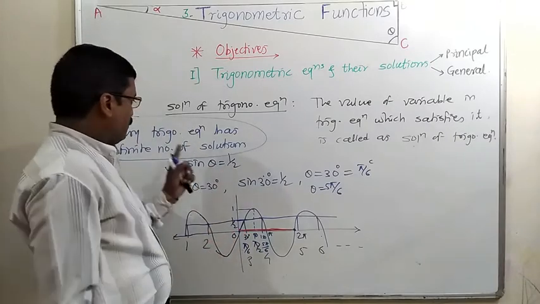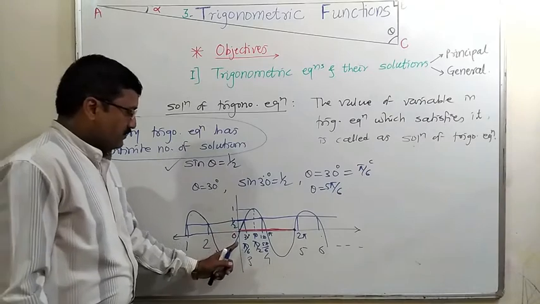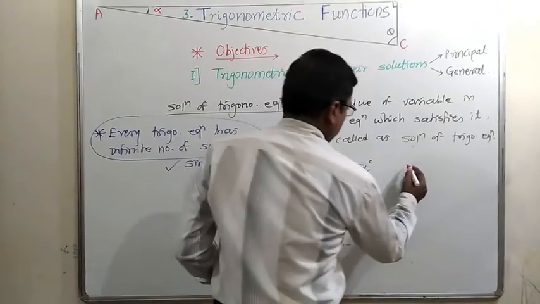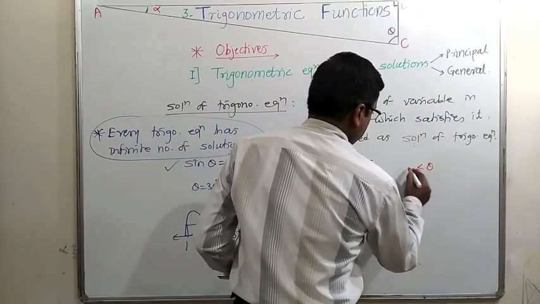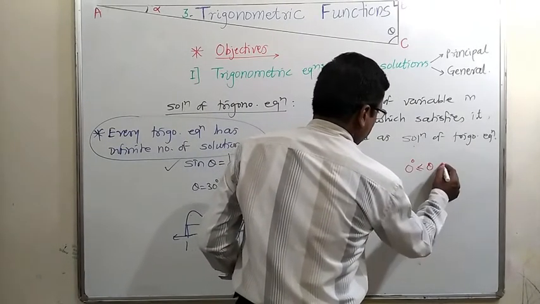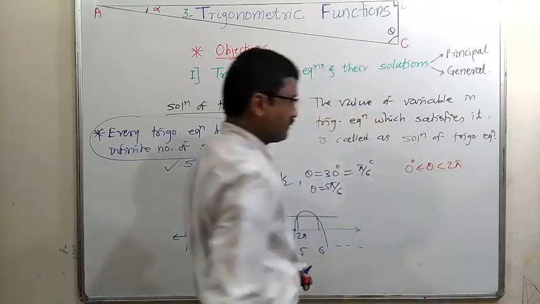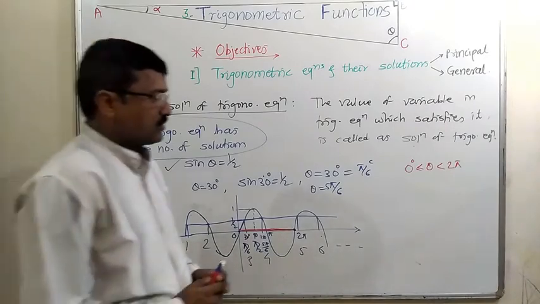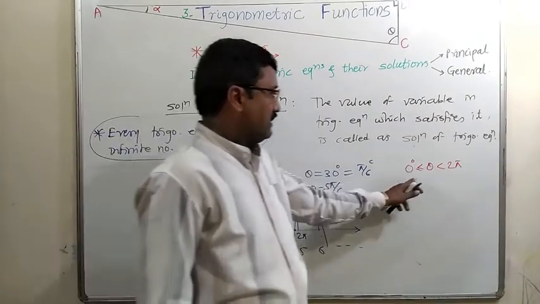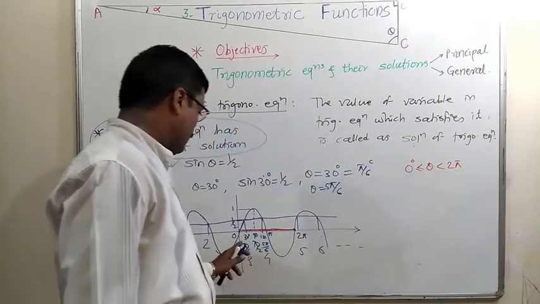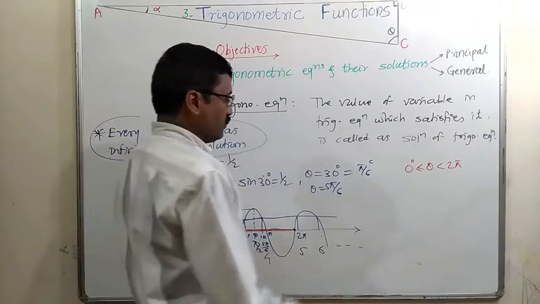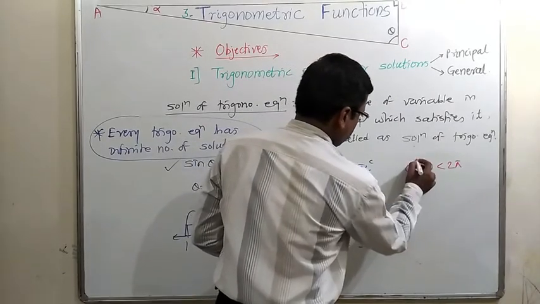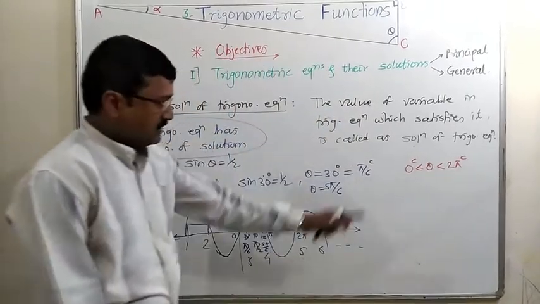So the values are the solutions which are from 0 but less than 2 pi. Means if theta is greater than or equal to 0 but less than 2 pi. If this angle belongs to this interval, closed at 0 and open at 2 pi, because 0 and 2 pi are not equal, it is different. So theta, I will write here in radians instead of degrees because I have taken 2 pi.